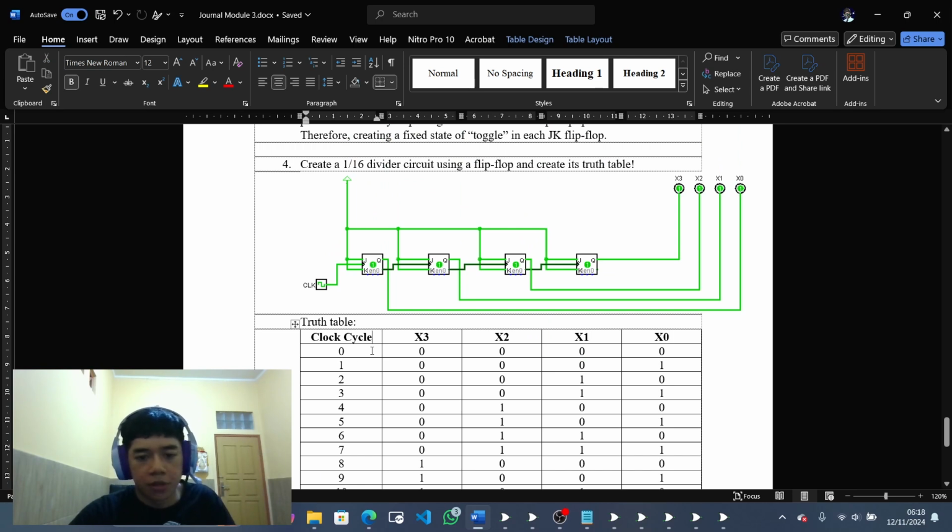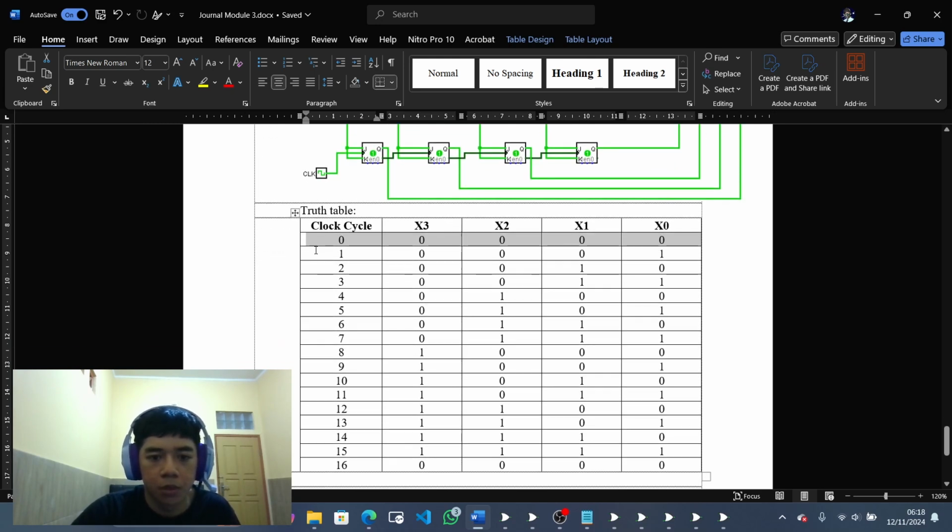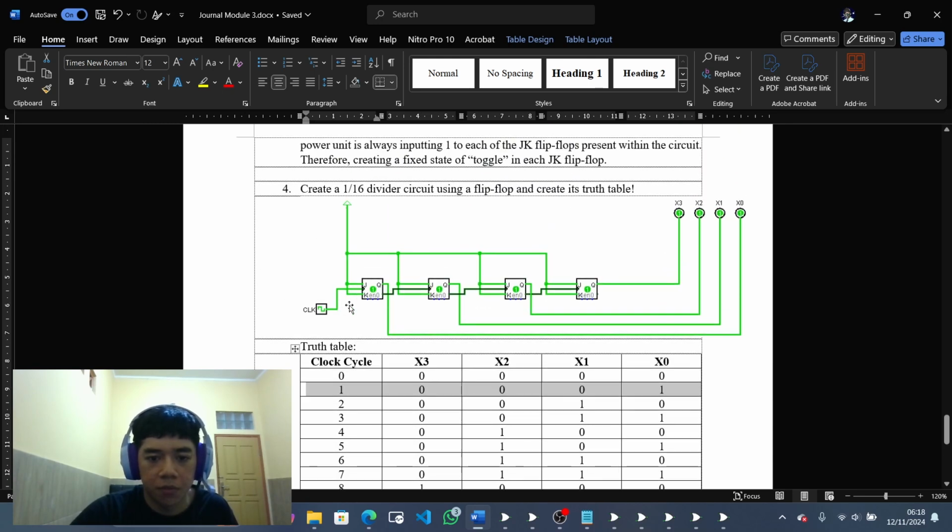So during the first clock cycle, there's nothing happening, the clock is not on, and therefore all the outputs here are 0, 0, 0, 0. And when it's turned to 1, it starts counting up from here.